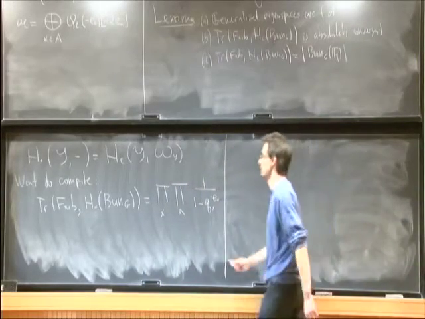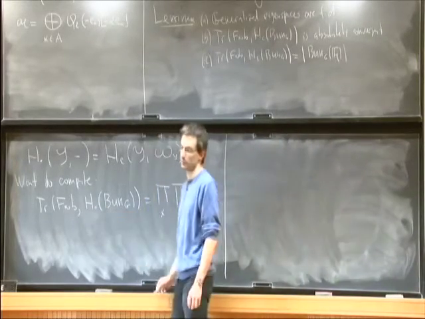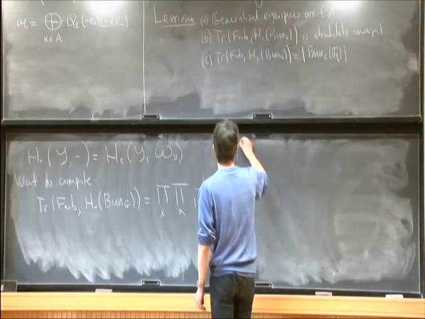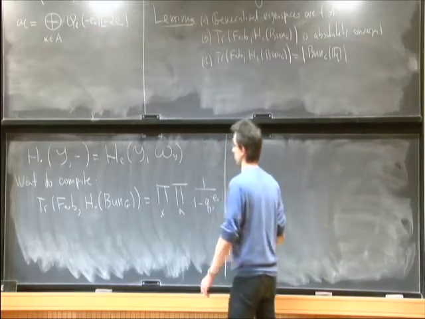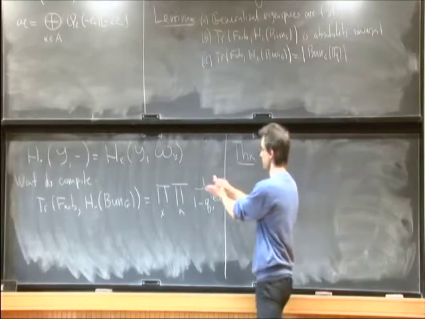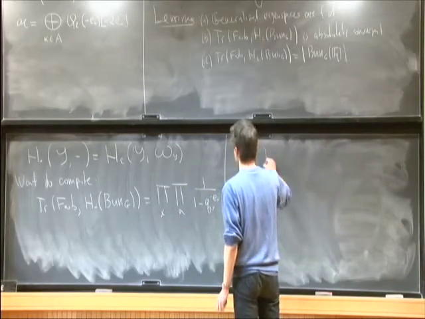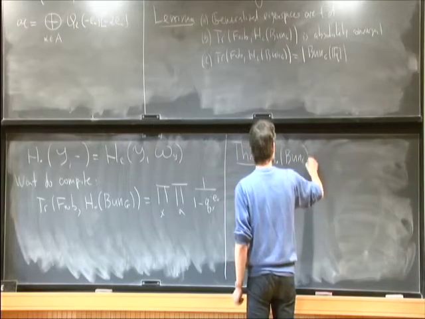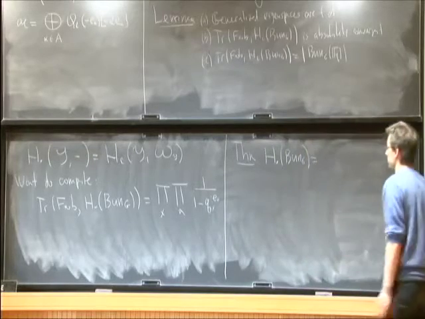Basically what you want to do is understand this vector space as acted on by the Frobenius. So now let me give you the answer. I'm reformulating what I want to prove in terms of the following theorem: BunG as a vector space with an action of the Frobenius is the following.